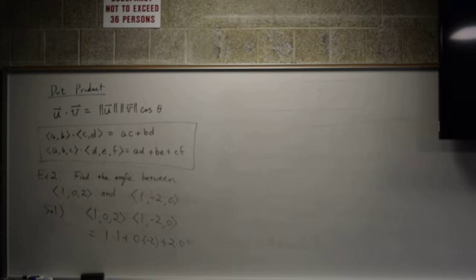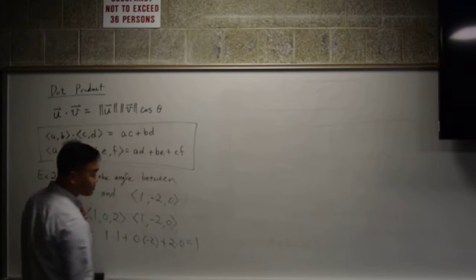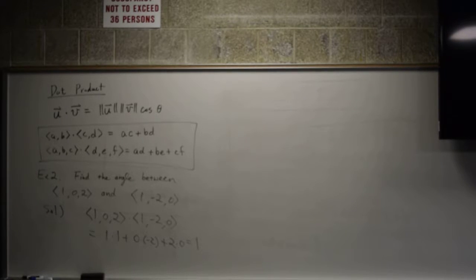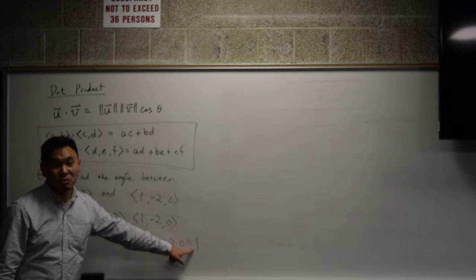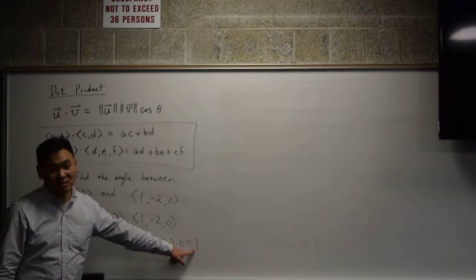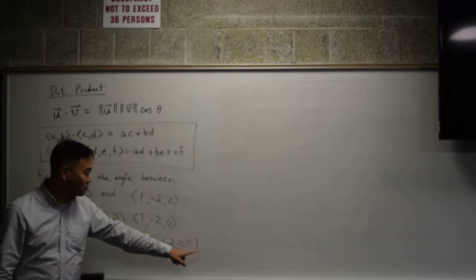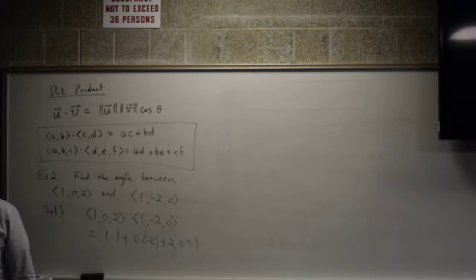So what's the dot product? 1. So we got the dot product using this formula. But what does this have to do with the angle between? Why are we doing this? Do you have any ideas?